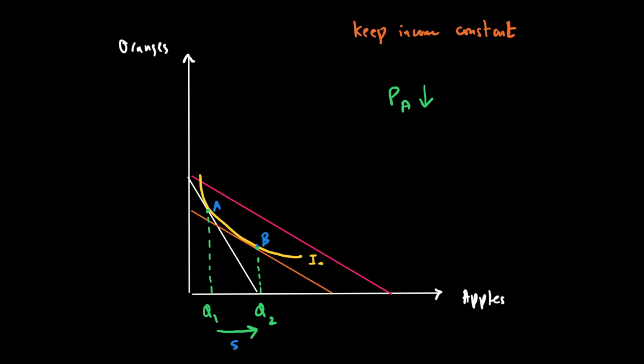And the reason I'm saying it's my substitution effect is because it's on the same indifference curve, which means that I'm indifferent between A and B, but I'm only buying more of B because it is becoming cheaper than oranges. And the fact that it is on my new budget line means that this orange budget line is the one that only shows the substitution effect.